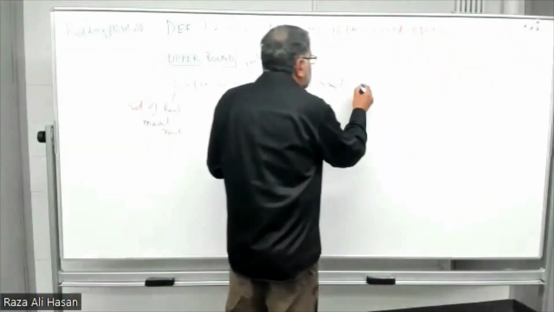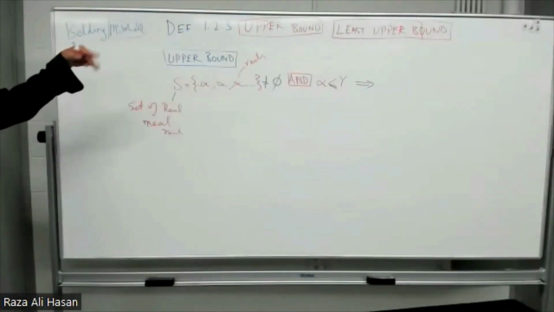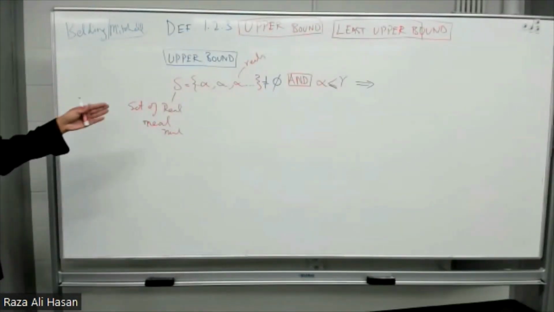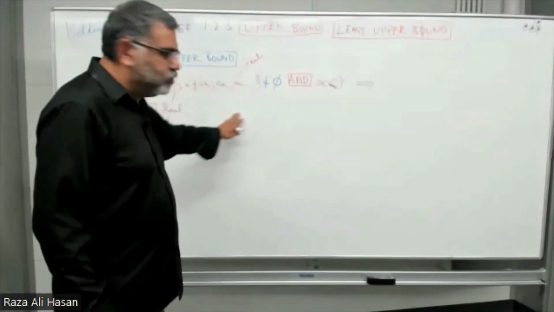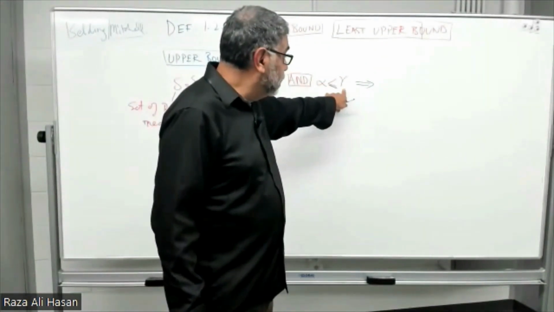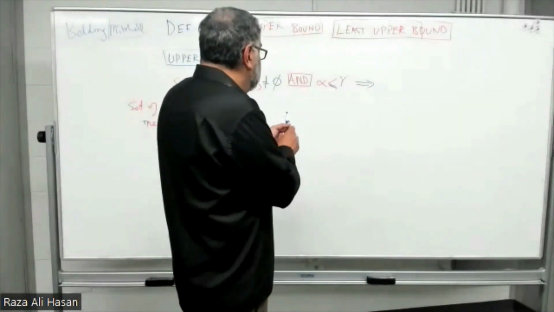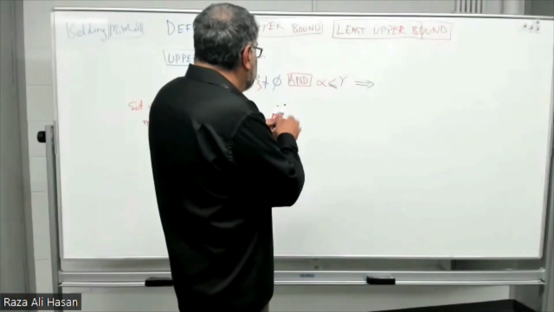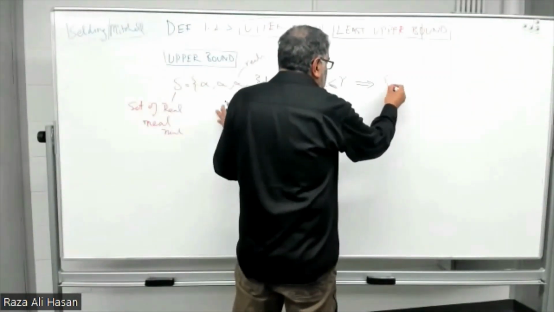So this is our formalization of the definition that I'm going to write in a second. You need a set that's not empty, and we've gone over this many, many times. You need an upper bound. Gamma is the upper bound here. I'm going to put the set S again here.